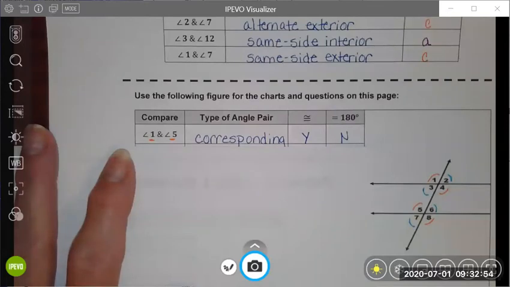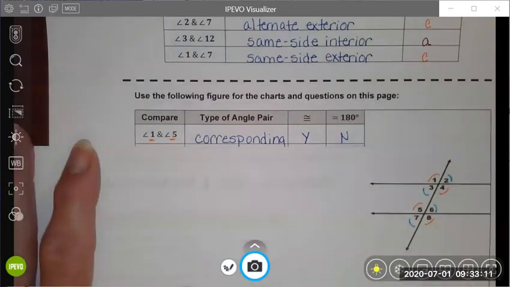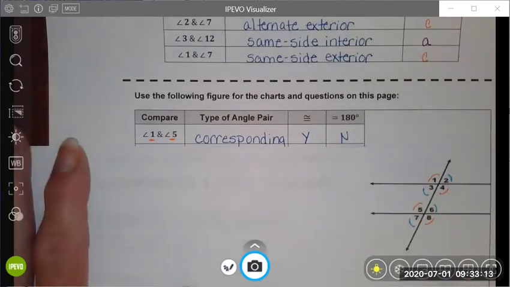If we are in class, then we have a way to draw this picture on what's called parchment paper or patty paper, and then we can discover the angle relationships ourselves by playing around with that piece of paper. If you're watching this video from home and you have some tissue paper, you could trace this figure onto the tissue paper and then move it around to see what the angle pair relationships are, and I encourage you to do that.